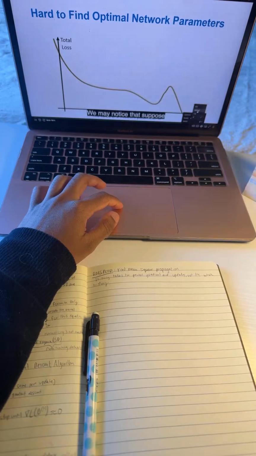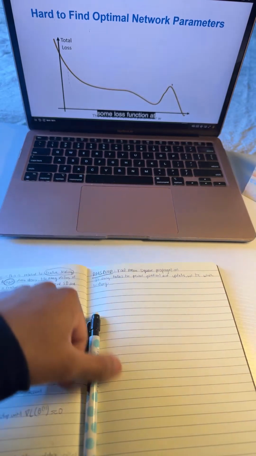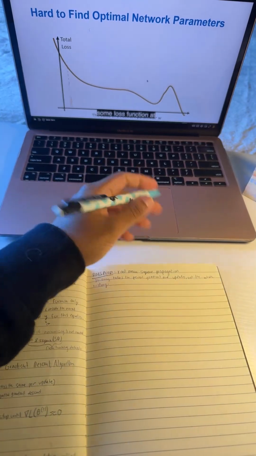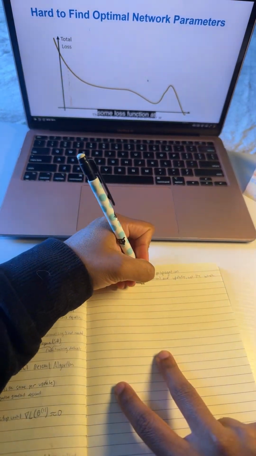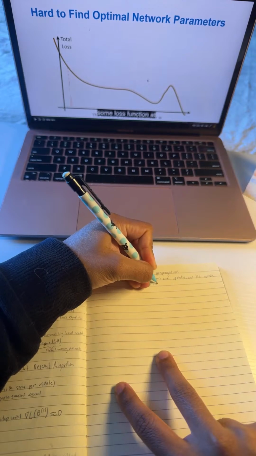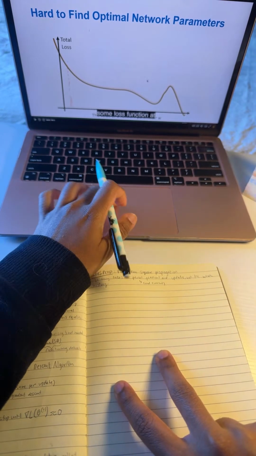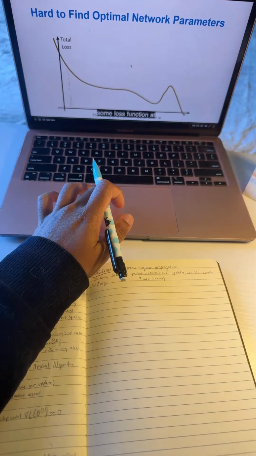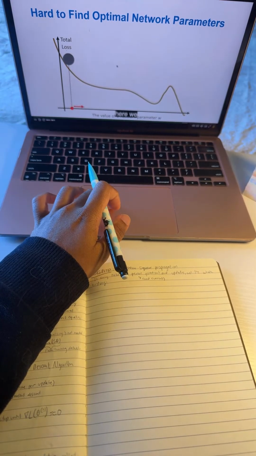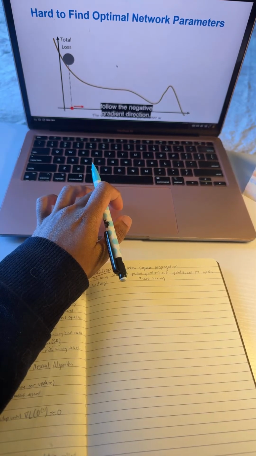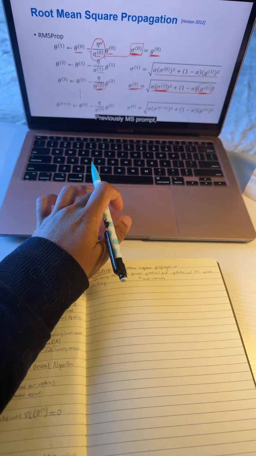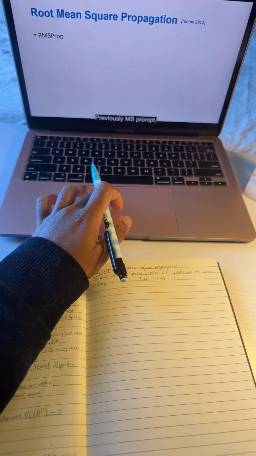So another thing we may notice is that suppose here at some point the loss function looks like this. When we follow the negative gradient direction, right? Previously in Adagrad and RMSProp, we all follow the negative gradient direction by using this gradient.